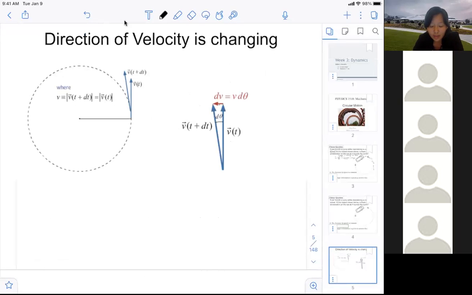If we look at two different instants very close to each other, V at time t and t plus dt, a very short amount of time right after this instant, the change in velocity, delta v, is always pointing toward the center. So that's why the acceleration is always pointing toward the center. I will give it a name, centripetal acceleration, because this a always points toward the center.